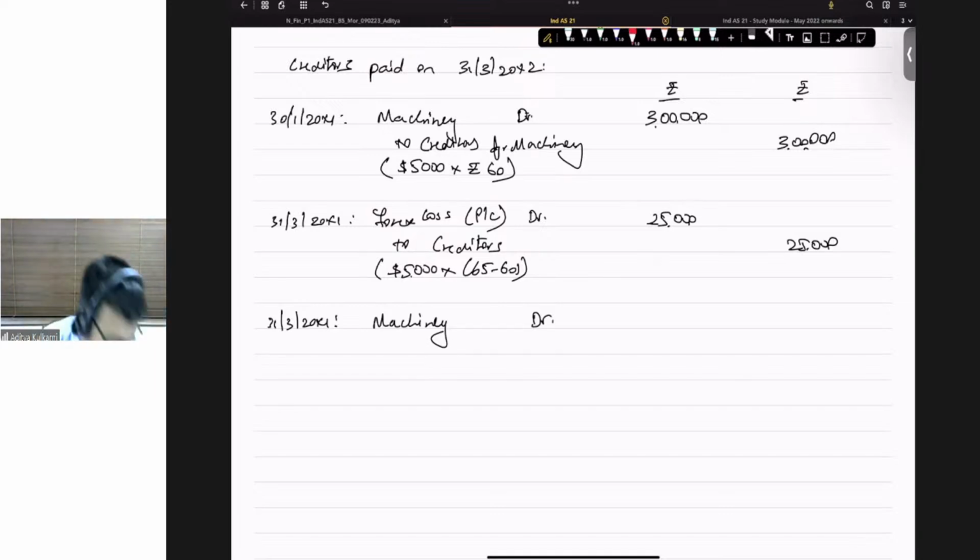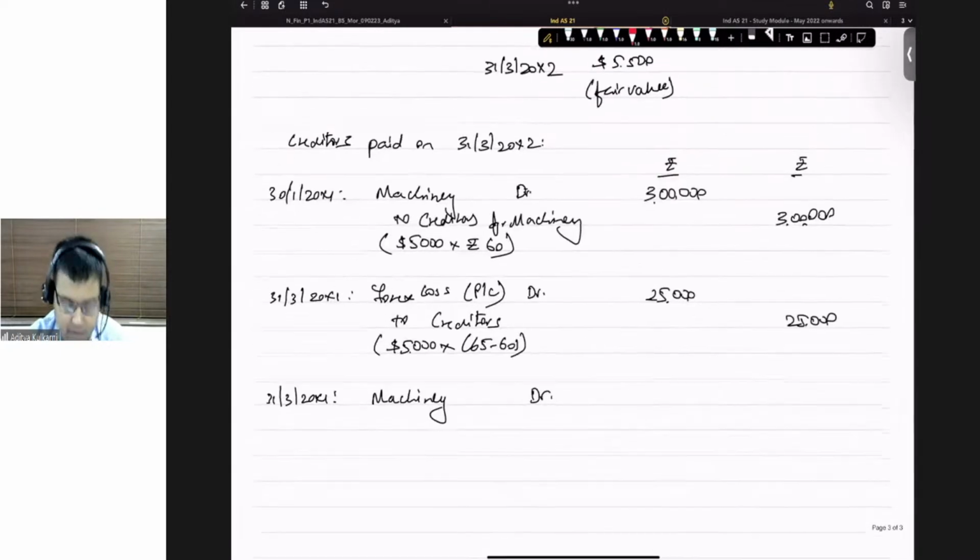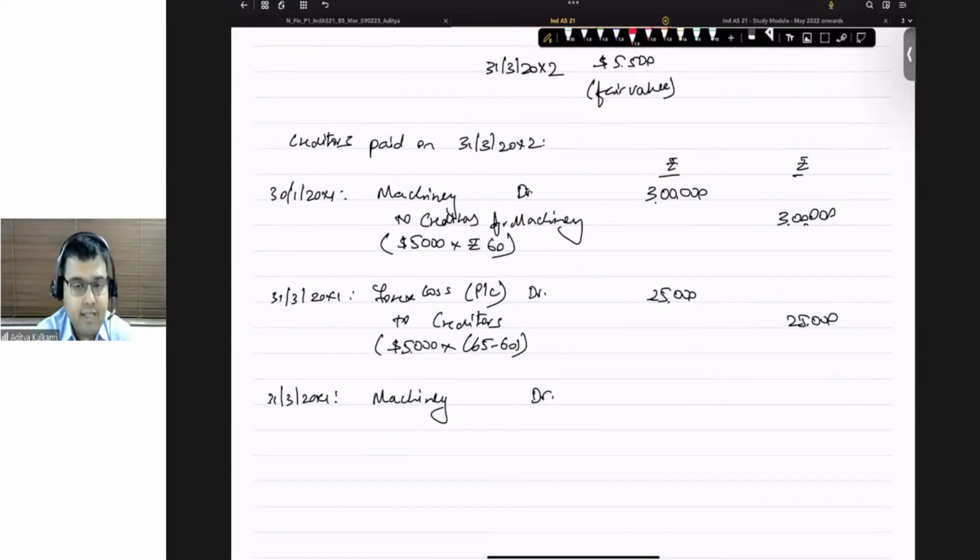Now it starts to get a little interesting. See, machinery was appearing at 5,000 on the date of acquisition. Now this machinery itself is getting revalued on 31st March 20X1.